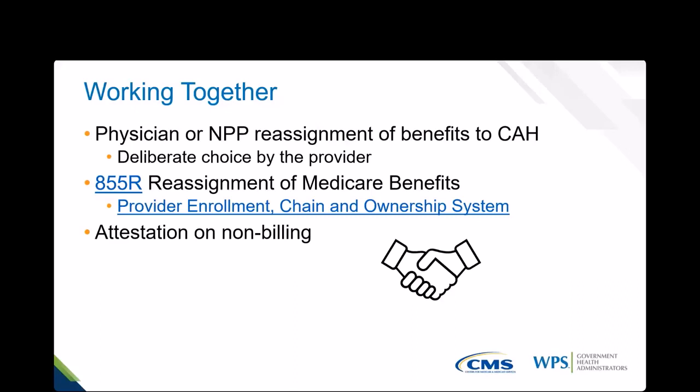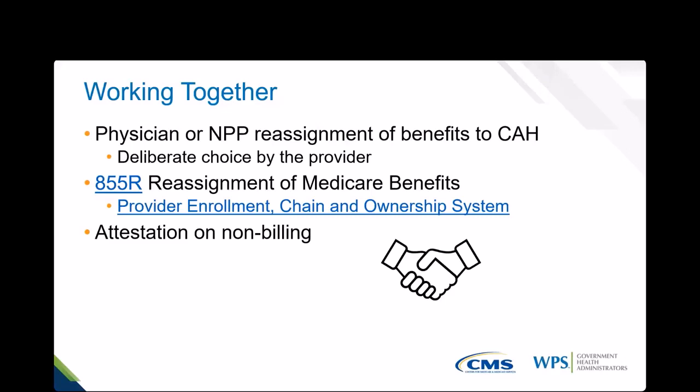All right, so the slide that you have up on your screen right now is titled Working Together. As Aline has talked about, in order for CAHs and physicians to do this correctly, they have to be working together. It is a decision by the physician or the practitioner to reassign their benefits to the CAH.